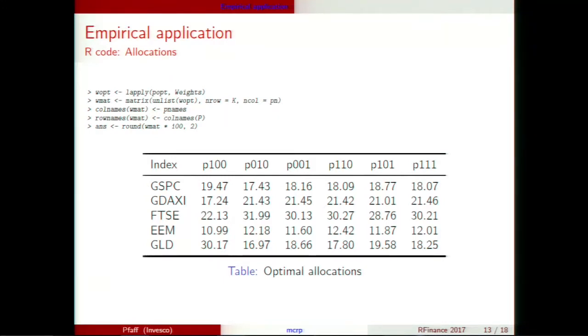Also, what's kind of interesting is that with respect to the Standard & Poor's, as well as, probably fair to say, the German equity market, those stay pretty much the same. The weights do not change across which type of higher moments you are factoring in.